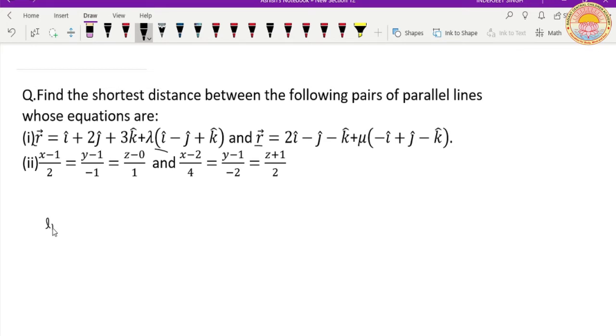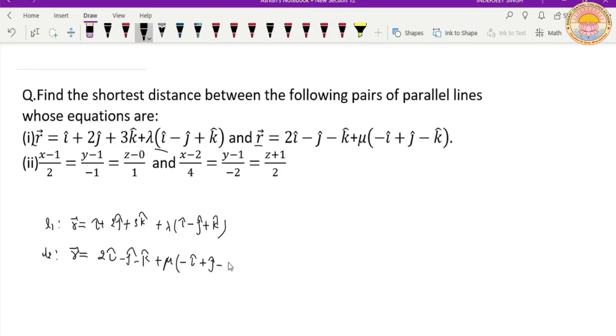The first line is given by vector r is equal to i cap plus 2j cap plus 3k cap plus lambda times (i cap minus j cap plus k cap), and the second line is given by vector r is equal to 2i cap minus j cap minus k cap plus mu times (minus i cap plus j cap minus k cap).